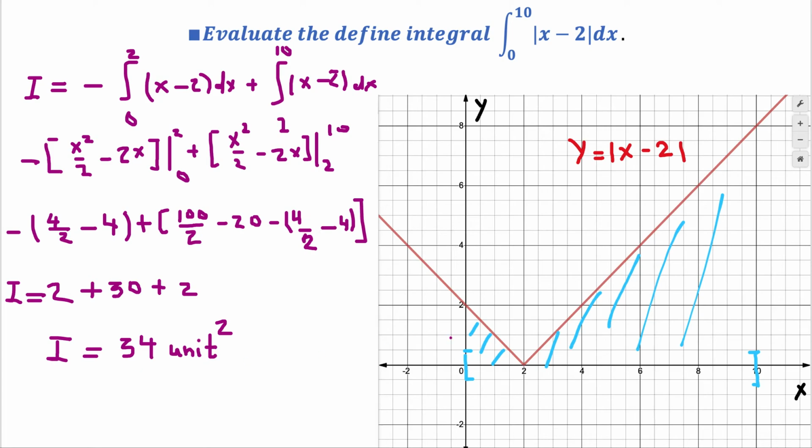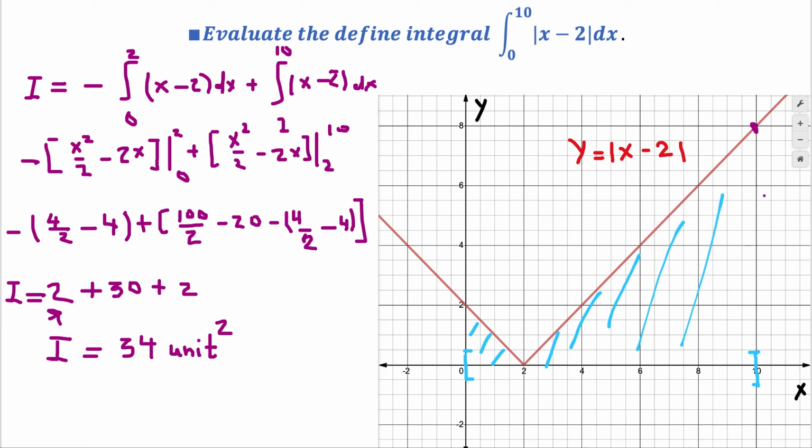But even in this part here, what we got was a 2. This 2 you see here is 2 units, because this is a triangle: 2 times 2 is 4, times 1 over 2 is 2, so this is very clear. And from 2 to 10 there are 8 units, and this is also like a triangle, 8 by 8.